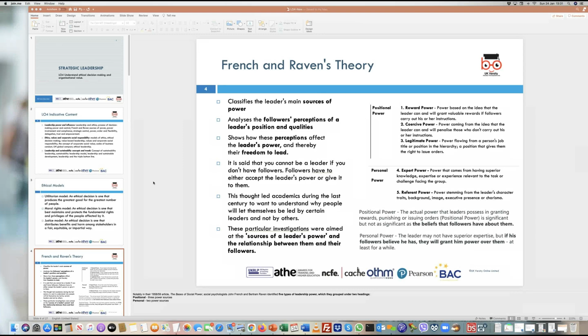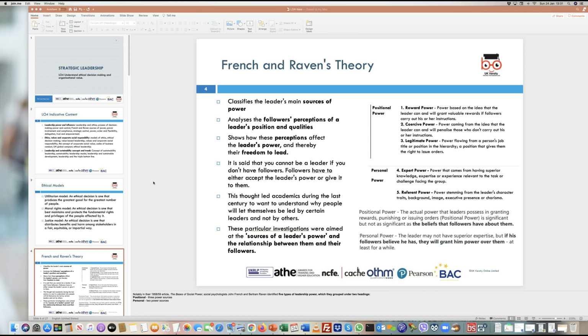Now, if I relate that carrot and stick approach to reward power, which is one of the types of power a leader can wield in the organization, then this classification, which we go through on a day-to-day basis while working within the organization, can be related to positional power and personal power.